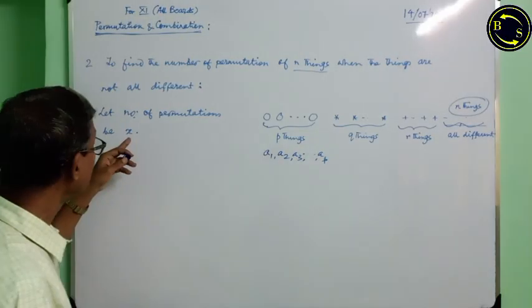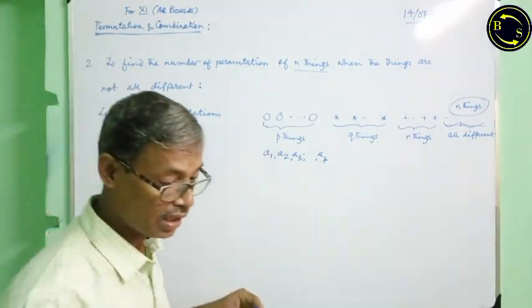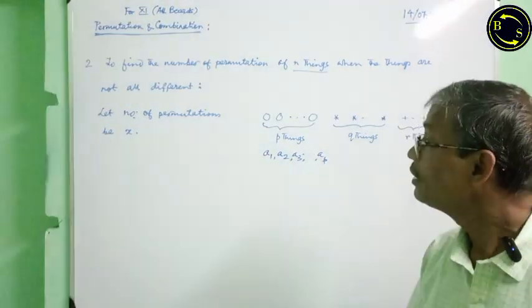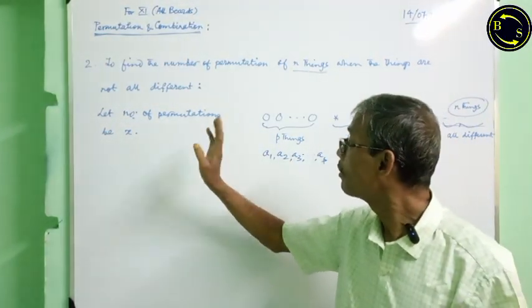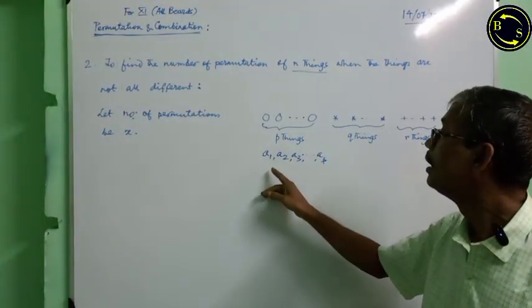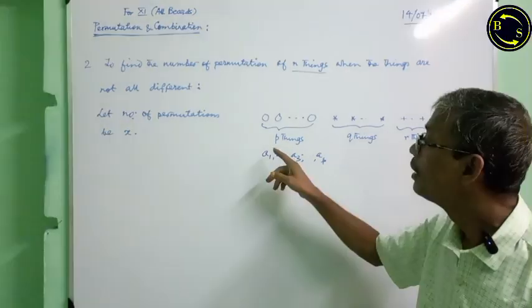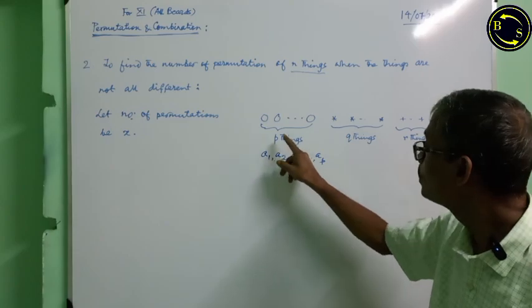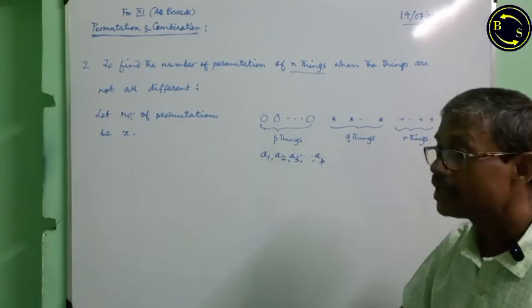Now if x be the number of permutations, then for each permutation these p things are there.